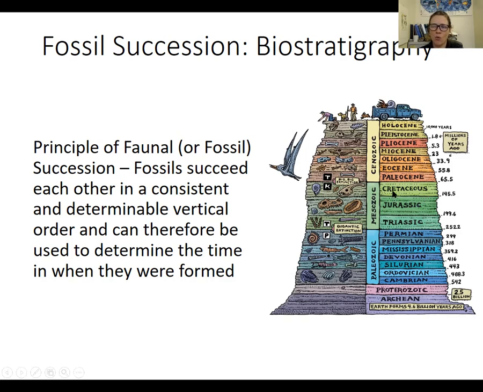And if they're widely spread enough geographically, then we might see those same marker or index fossils in many different places across the landscape. And so it can help us match up the rock layers from disparate places across the landscape with similar marks or stamps in terms of time.